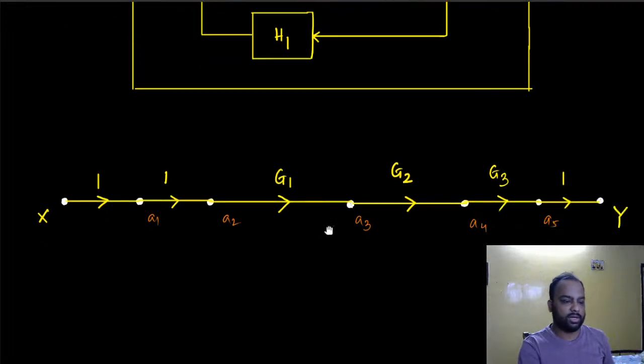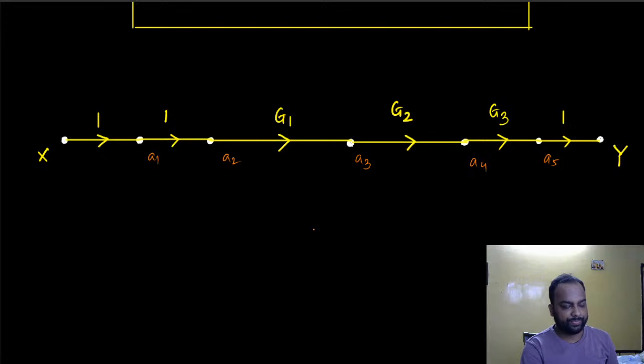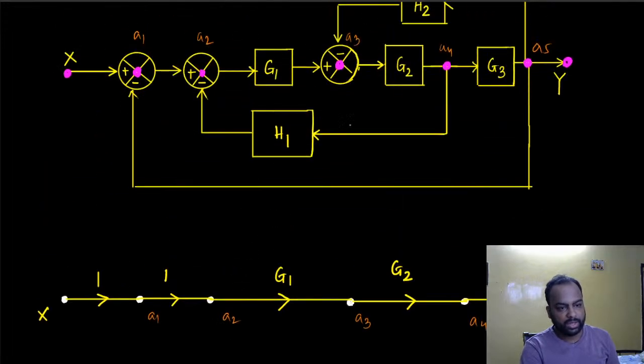I'm just naming them. So we have a connection that is picked up from A4 and fed into A2. If the signal is A4, then it becomes H1 into A4. So this signal is being tapped from this one and brought to this one.